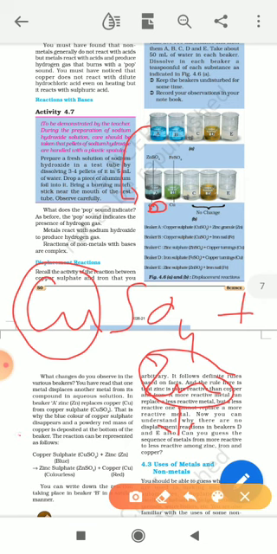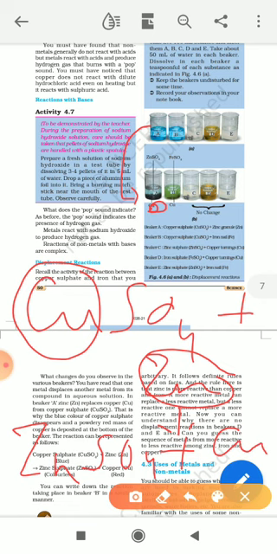So the product will be zinc sulfate plus copper. Are you getting my point? The copper is displaced by the zinc, and that's why we can see the result in this beaker.